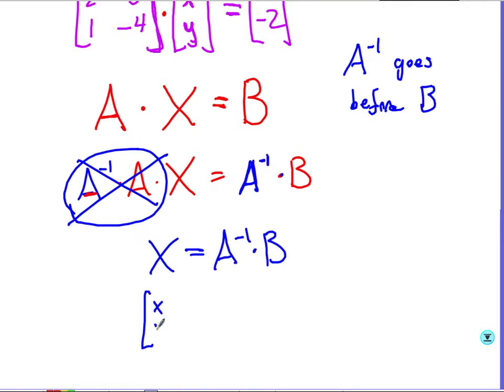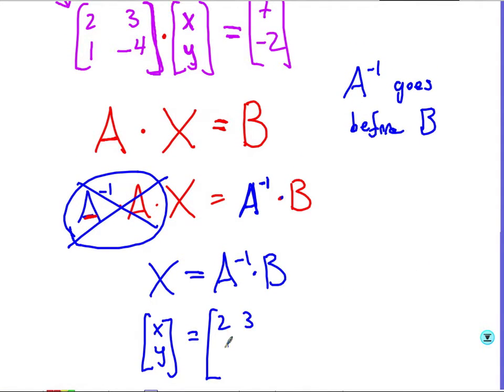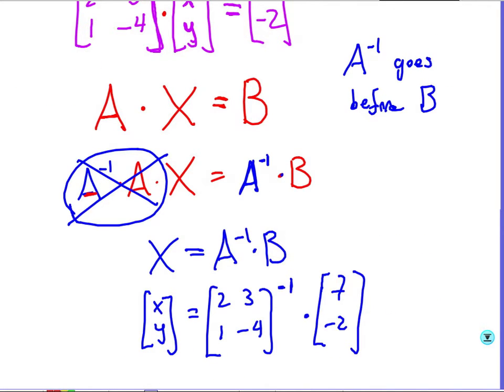This basically represents X, Y, and this is going to be 2, 3, 1, -4. Inverse, don't forget that inverse there, times matrix B, 7, negative 2. So this here is what I'm going to plug into the calculator. So let's go ahead and take our calculator.